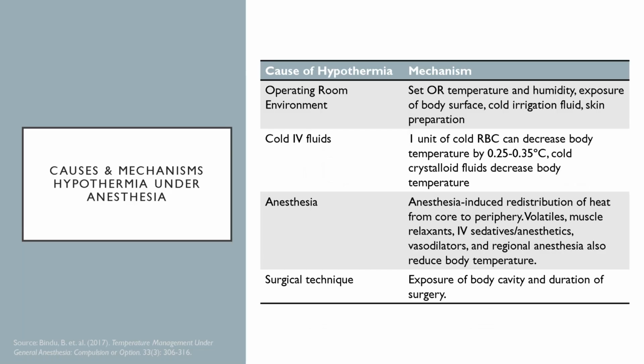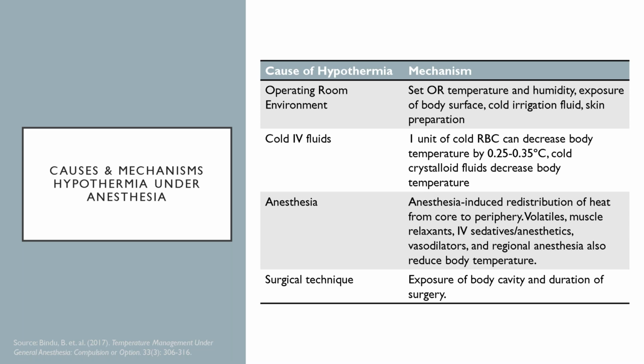So, you have some of these items up here of causes or mechanisms, however you want to look at it, of how you can have hypothermia under anesthesia. Obviously, OR temperature, cold surfaces, cold fluid, skin preparation, etc. Cold IV fluids.